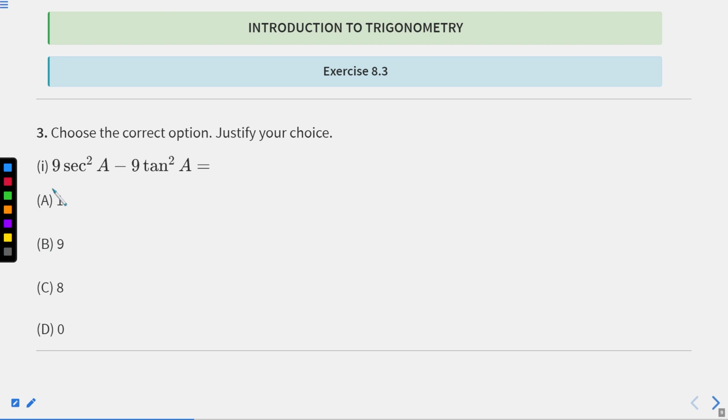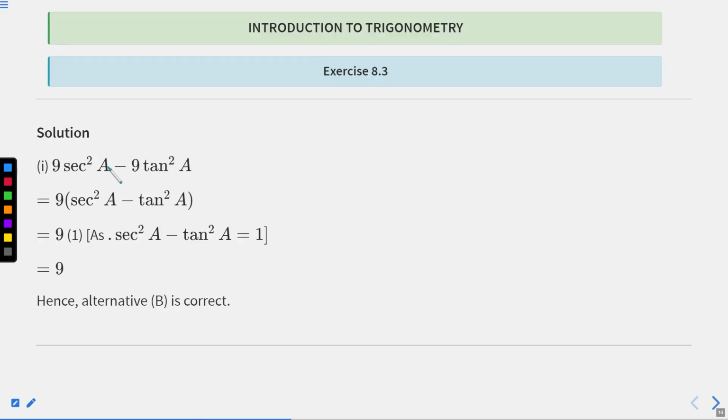Here we are given 4 options. In option A we have 1, in option B we have 9, in option C we have 8, and in option D we have 0. Here basically we'll use a trigonometric identity, and then we'll find the value of 9 sec square A minus 9 tan square A. Let us see how to solve it.